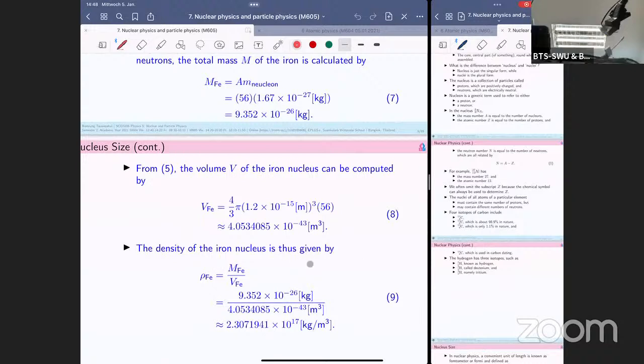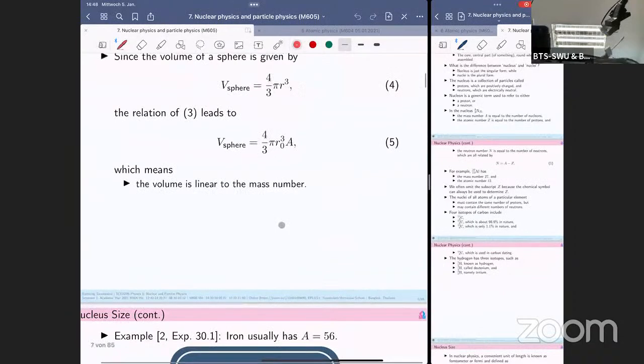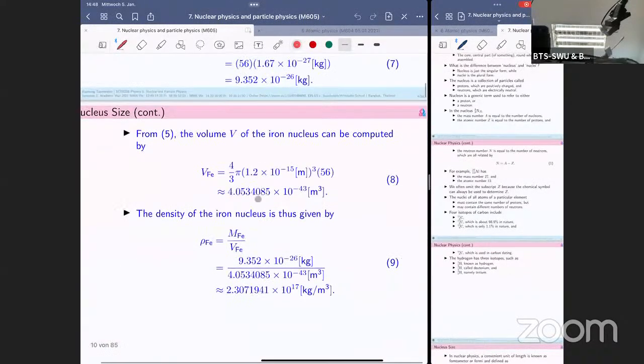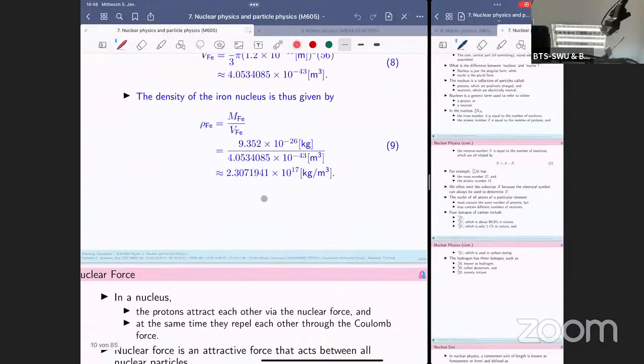And the density of the iron is rho Fe, m, which is the mass, right? The mass we got from equation number 7, and the volume we have just got from this expression: 4/3 pi r0 to 3 A. The density will be the ratio between the mass and the volume, right?